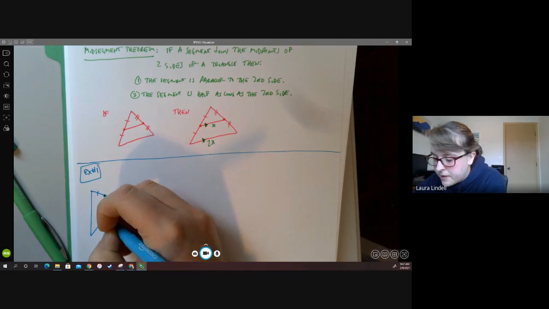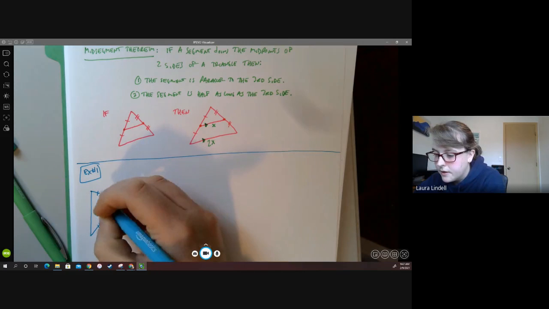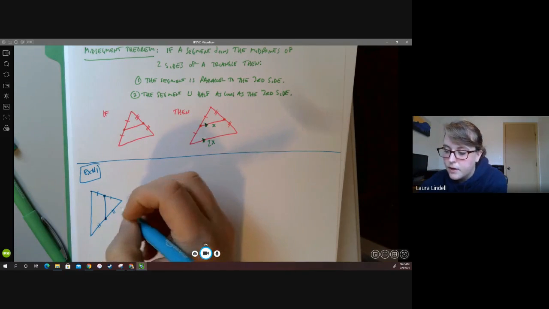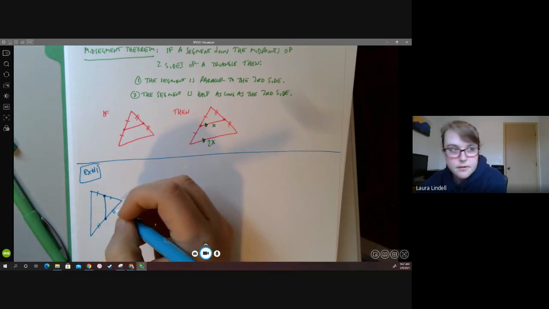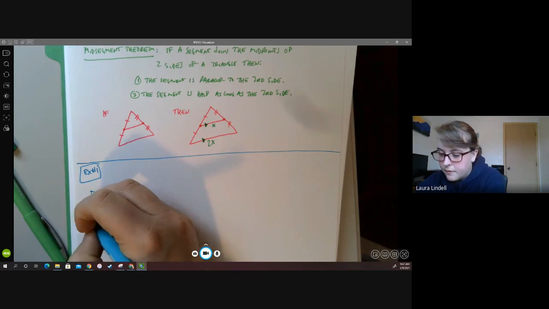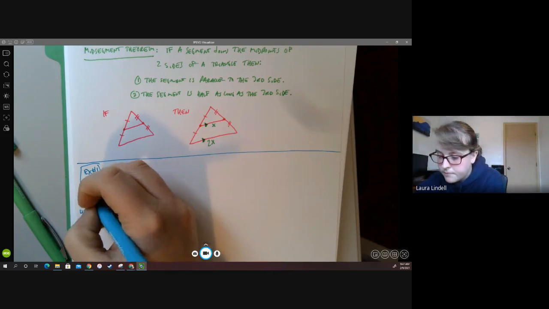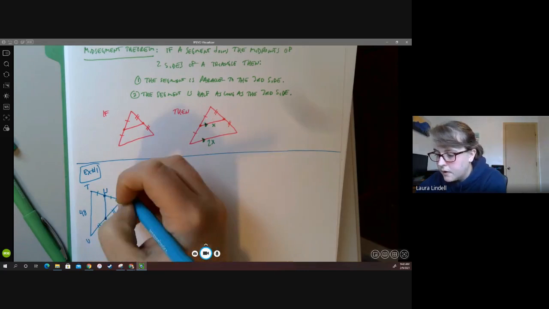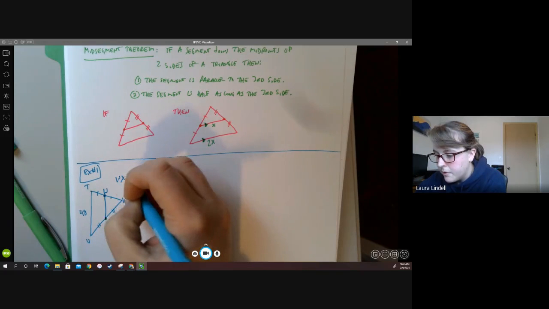We know this is a mid-segment because these two are the same and these two are the same as each other. They're congruent, connecting midpoints. So then if this side is 48 units long, we want to know what is WX.